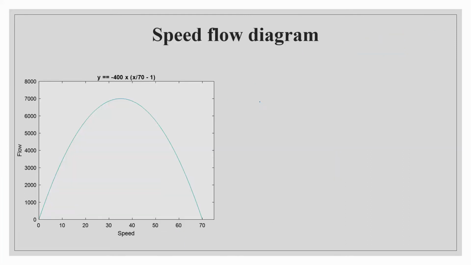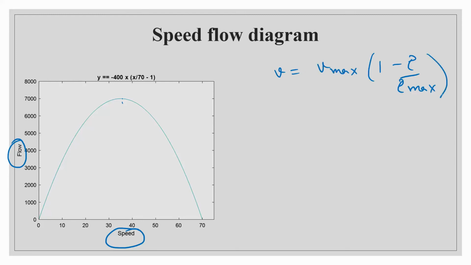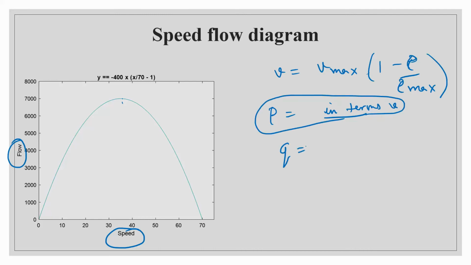Now if you want to draw the fundamental diagram between speed and flow, again, this was the relationship which Green-Shield gave, and from here you can find the density in terms of V. After doing this, you can put Q equal to rho into V. Now rho will be in terms of V, and then you can apply the same thing and you will find that the maximum flow rate happens when we have speed half of the maximum speed.